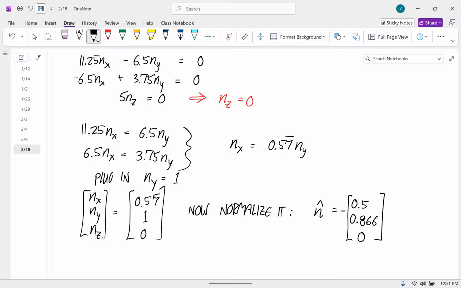And this is plus or minus, and that's your eigenvector corresponding to the eigenvalue of negative 5. How do you normalize it again? Divide by the magnitude.